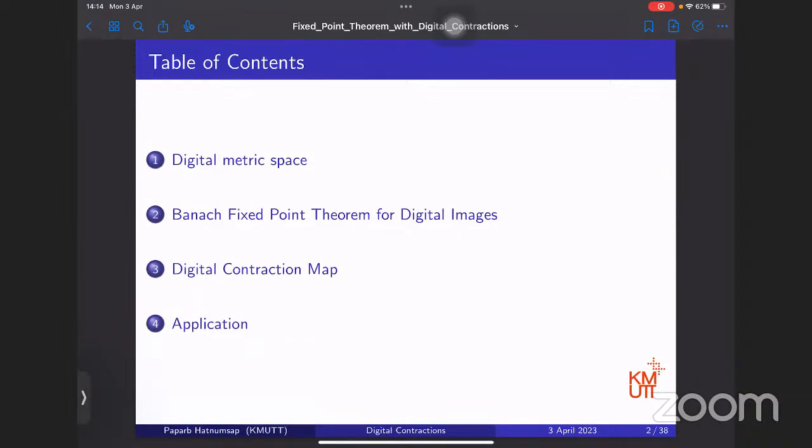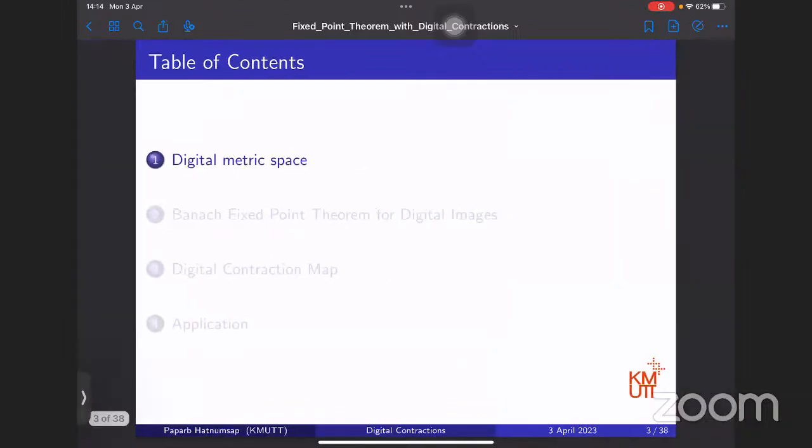The first is digital metric space: what is a digital metric space? The second is Banach fixed point theory for digital images. The third is digital contraction maps, another type of contraction map. And the last is applications from the paper.